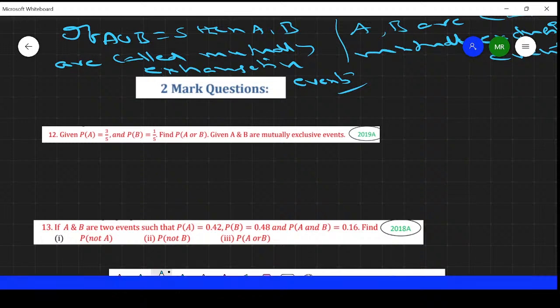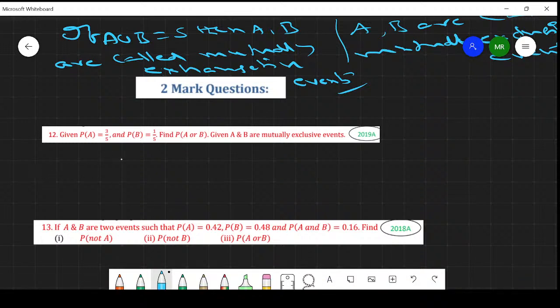Okay, now you can see that. Given P of A equal to 3 by 5, P of B equal to 1 by 5, find P of A or B. Given A and B are mutually exclusive.